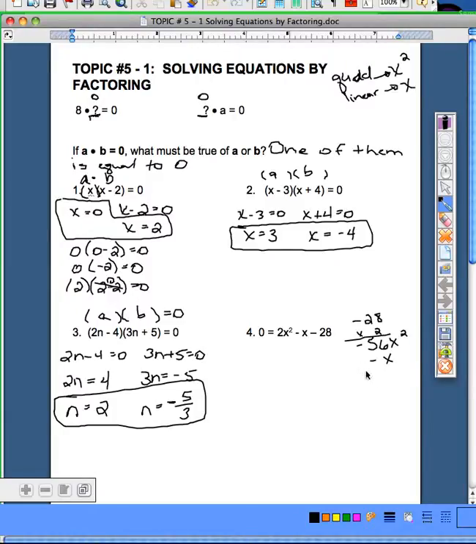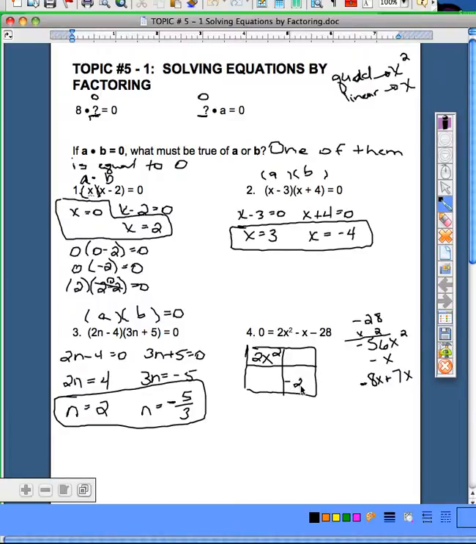Okay, so we're going to say that 8 times 7 is 56. Since it's negative, one of these has to be negative. And since it's a negative x, we need that our negative 8 is the one that has to be negative. So we have negative 8x. We have 7x. Now we're going to use the box, or you can factor by grouping. I'll do some of each. So we have 2x squared goes here.